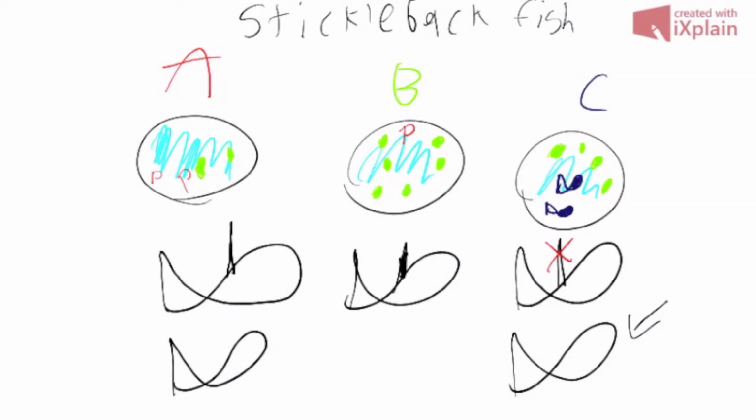So if the stickleback fish has to compete with other fish, though the other fish don't attack the stickleback fish, they're not gonna need that spiny pelvis because they're not gonna be attacked. And that pelvis needs a consistent supply of nutrients to be maintained.